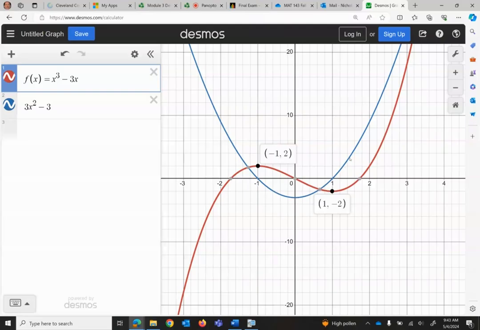After you pass one, you see how our derivative is in the positives? Well, that means the slope at all of these numbers is positive. Over here, the derivative function is above the x-axis, which means our function is increasing. The function is going up.